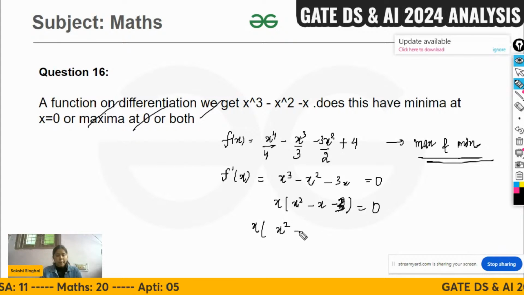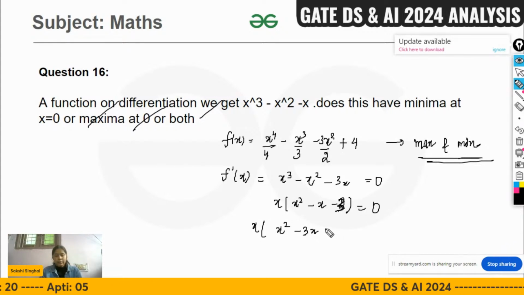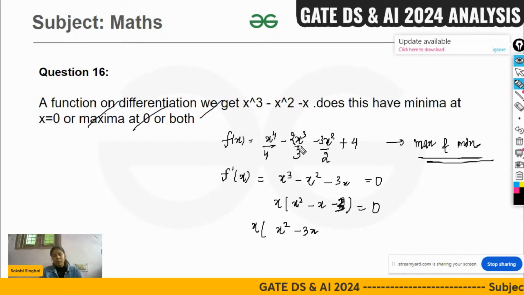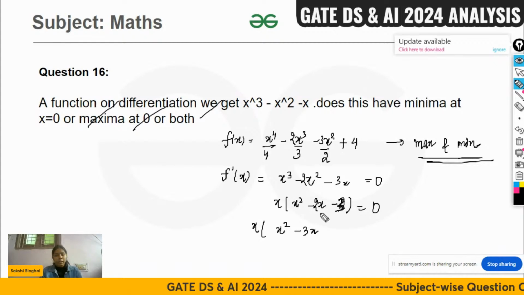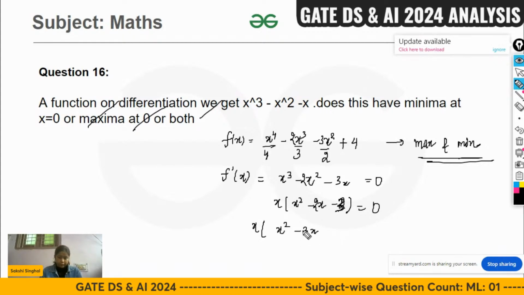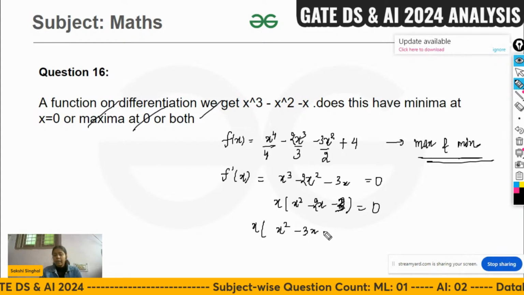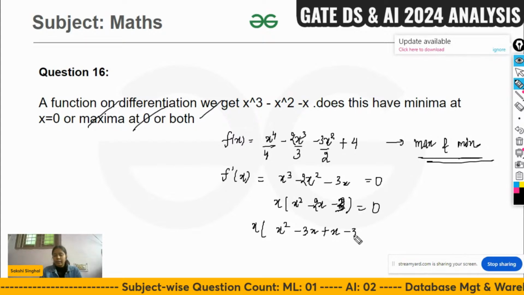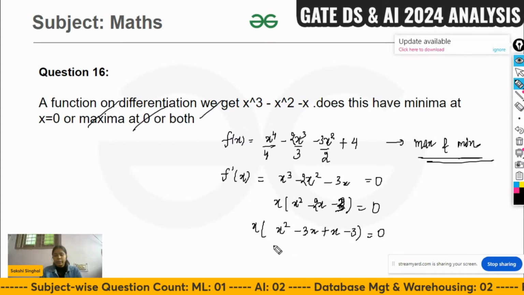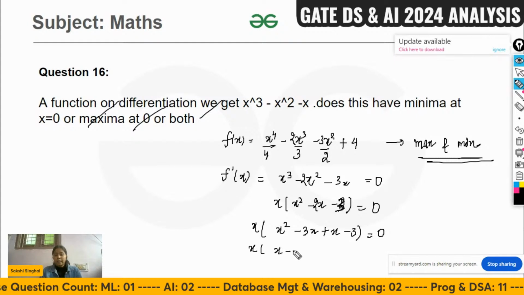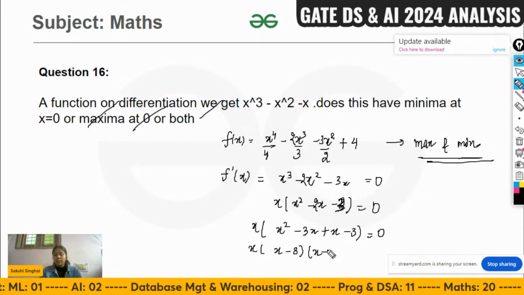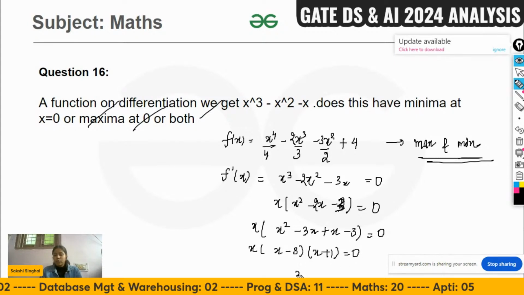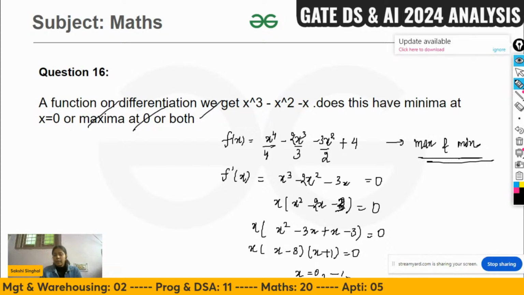So x square minus 3x, and this would be minus 2. Just check this question, guys. x square minus 3x plus x minus 3 equals to 0, right? So the roots would become x into x minus 3 into x plus 1 equals to 0. So the roots would become 0, minus 1 and 3, right? These three would be the critical points.